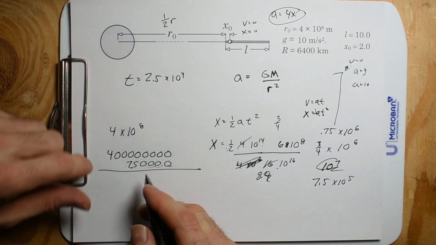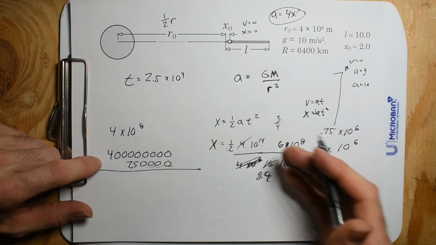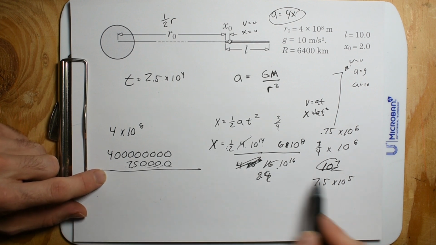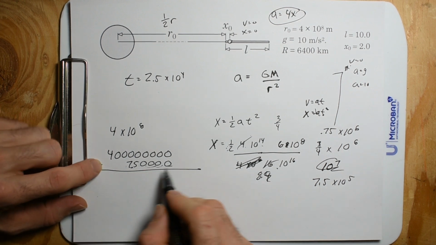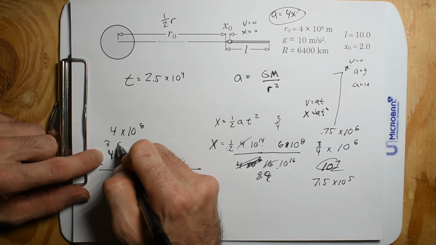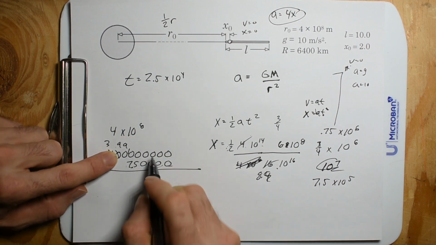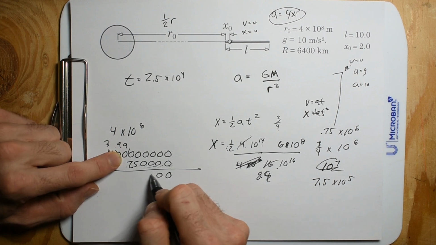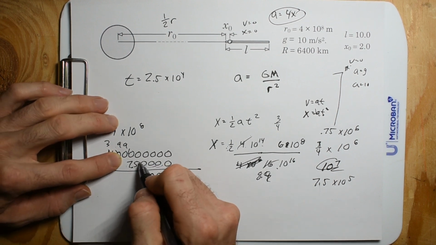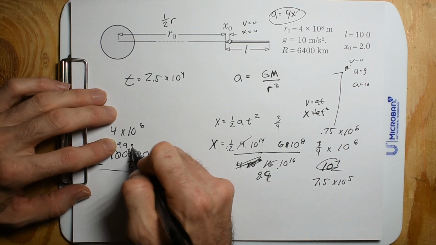But now the question is, is this distance significant? Because this distance was going to be less, so it's a minus. I mean, this is going to be 3, this is going to be 9, 9. And so we have 0, 0, 0, 0. Holy Toledo, so this has to go to 9.